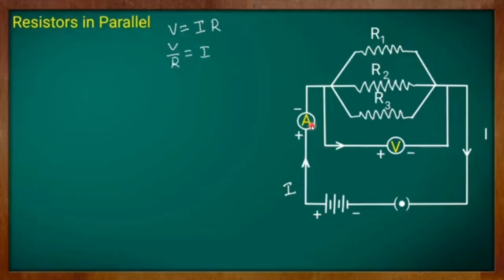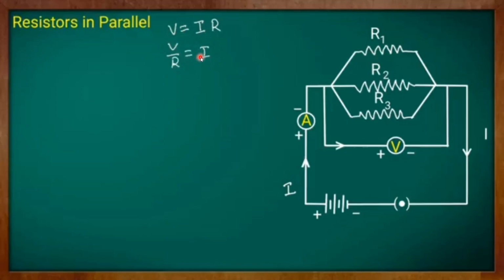But in parallel, the current that is flowing through the three resistors is not the same, whereas the voltage is the same. Therefore, I will rewrite the formula, that is Ohm's law, by shifting this resistance to the LHS part. I can write V divided by R is equal to I.